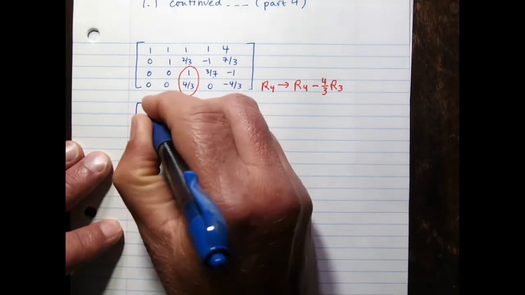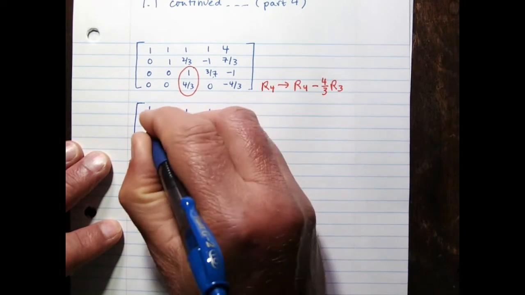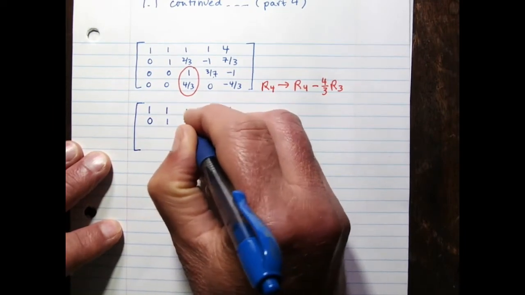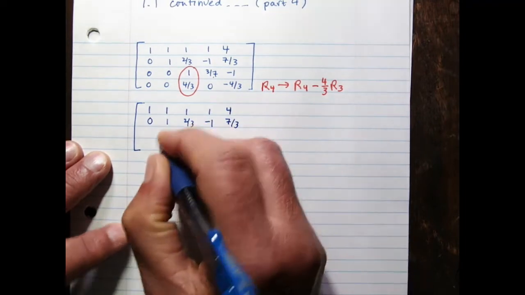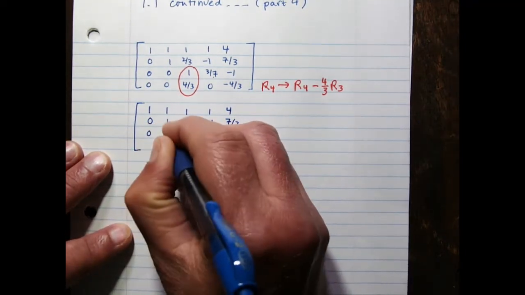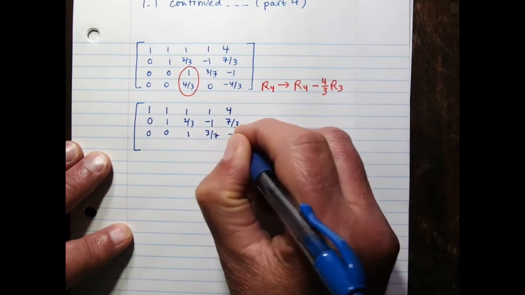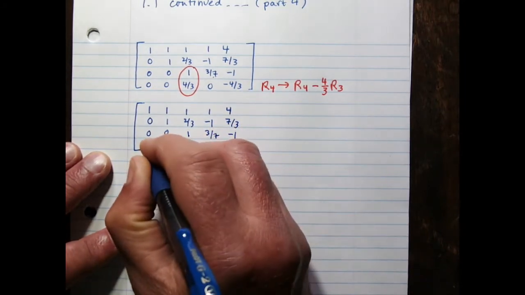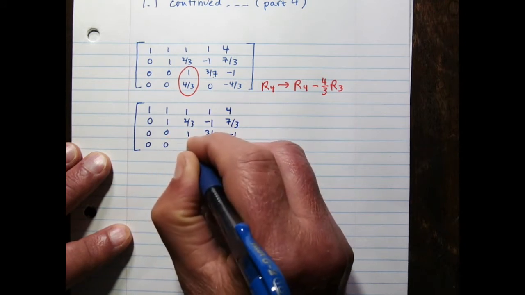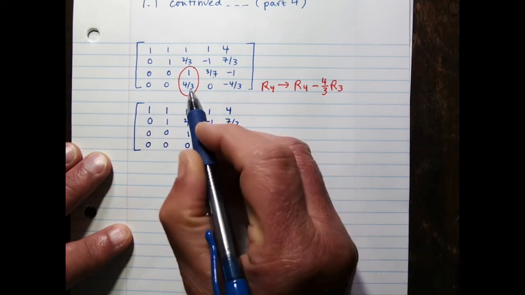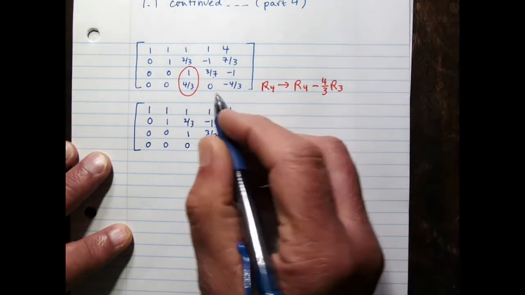So let's look at what we have now. First row is the same. Second row is the same. Third row is the same. And the fourth row now, we still have 0 here, 0 here. We get a 0 in the third position because we have 4/3 minus 4/3 is 0.